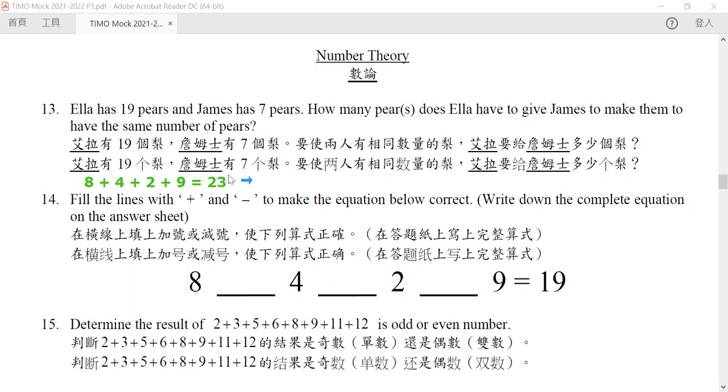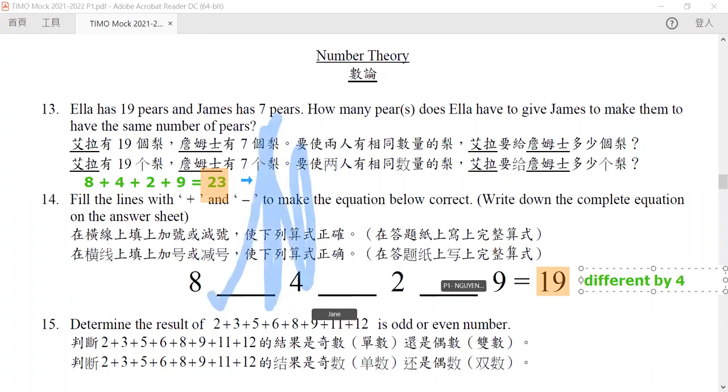Now, we can see that the number here is different from the number we need. They are different by 4.